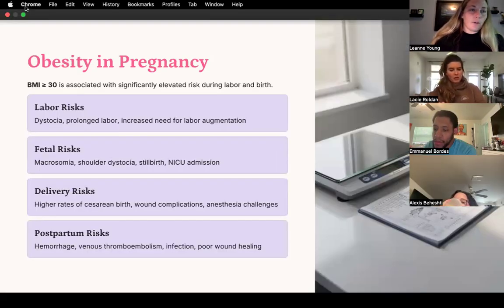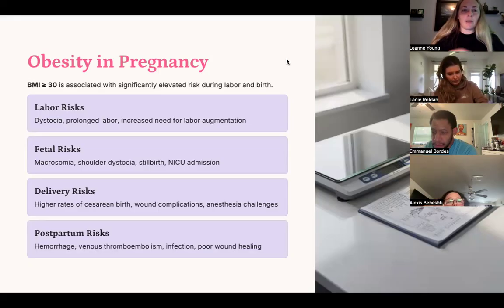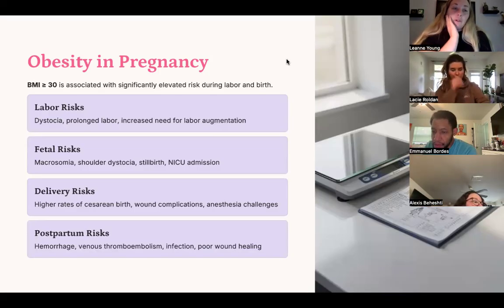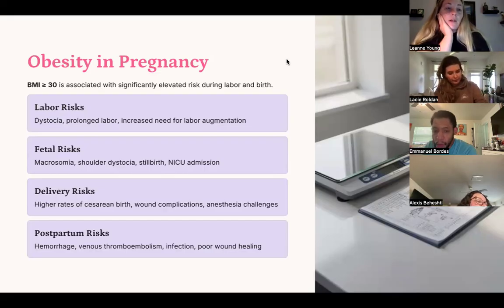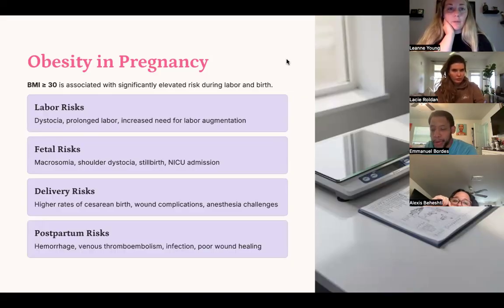So let's jump over to, we're going to talk about obesity and pregnancy and why this is such a risk factor. So BMI greater than 30 is associated with significantly elevated risks during birth. Okay. From a labor standpoint, in an obese patient, we see a lot more instances of labor dystocia. So that dysfunctional labor, whether that's with our five Ps.